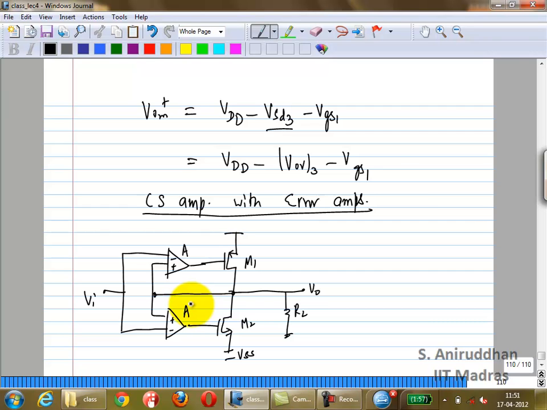Okay. What will the amplifier do? It will drive VO equal to VI. Right? That's what it's going to do. So this is definitely a case of negative feedback through the amplifier and then through the common source. Okay, so this is what the amplifiers are going to try to enforce, VO equals VI.